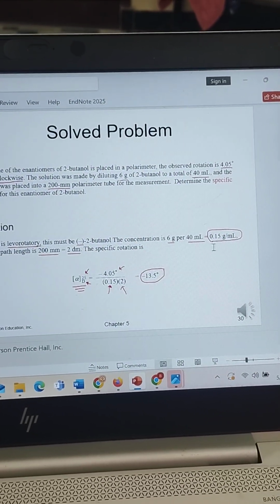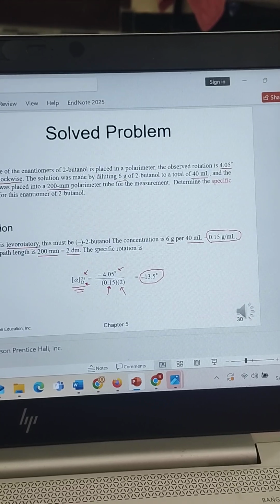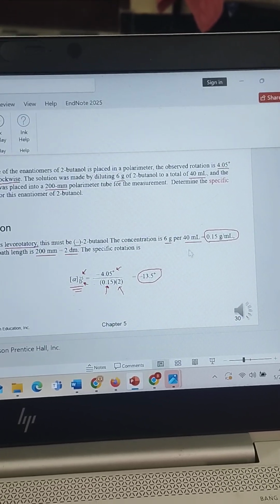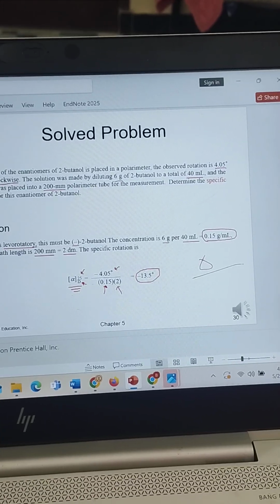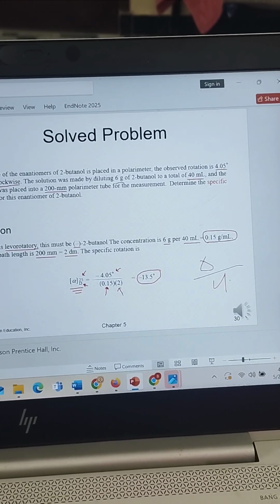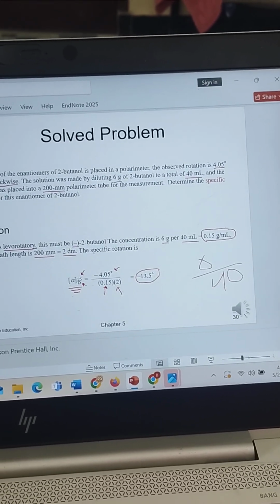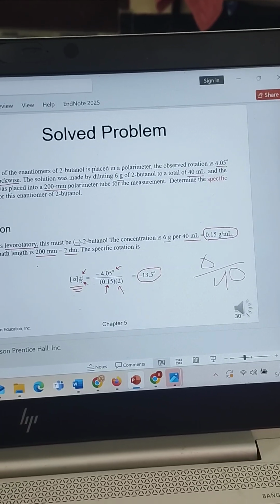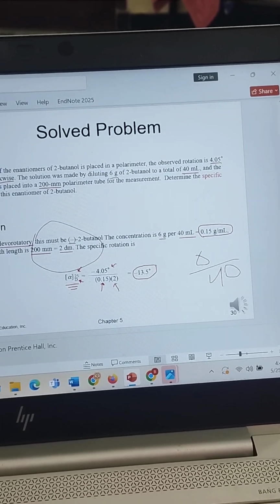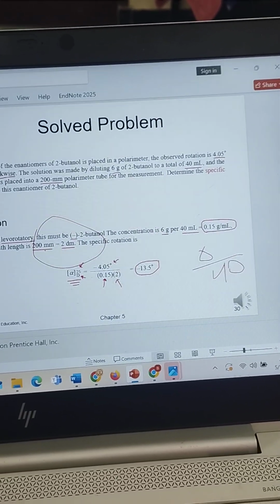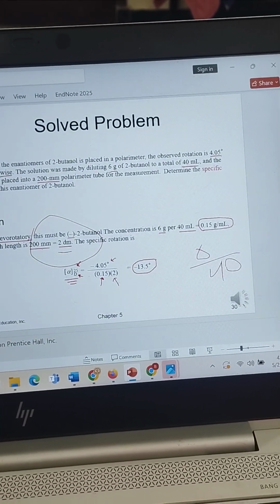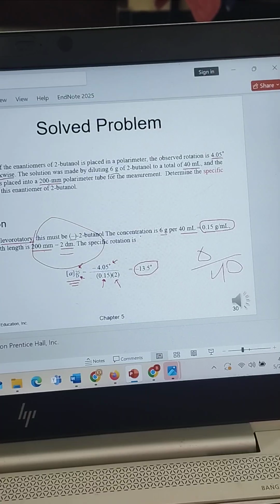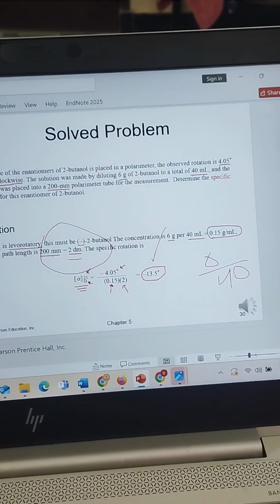We divide the mass by the volume, 6 divided by 40, and we get this value. Then the length of the polarimeter we have to convert into decimeters. 200 millimeter converts into decimeter as 2, and we get this answer, minus 13.5 degrees.